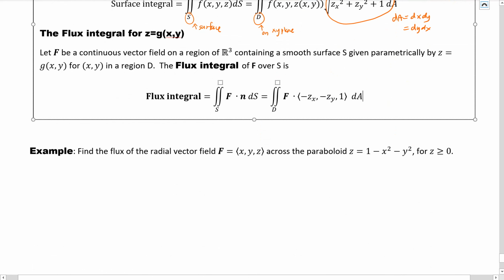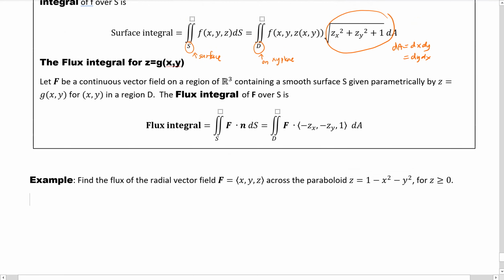With this formula, let's find the flux of the radial vector field xyz across the paraboloid z equals 1 minus x squared minus y squared. First, what is our parameterization?